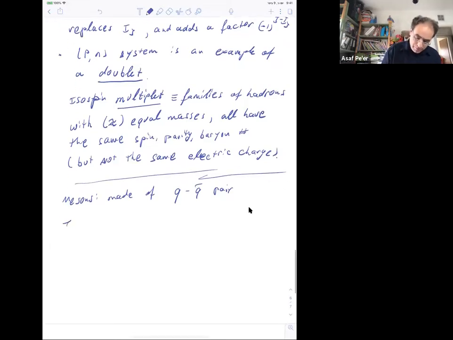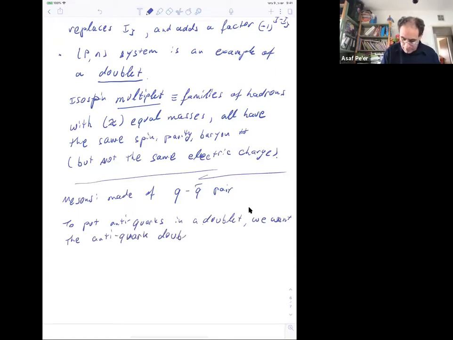To put anti-quarks in a doublet, we want the anti-quark doublet to transform in the same way as the quarks.